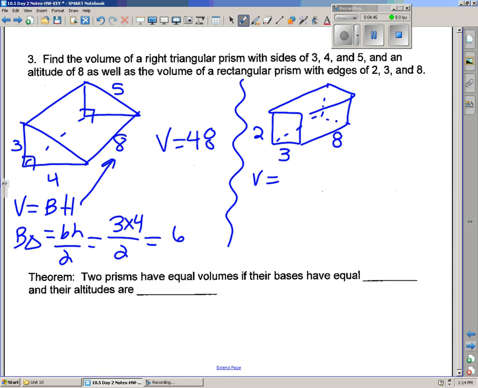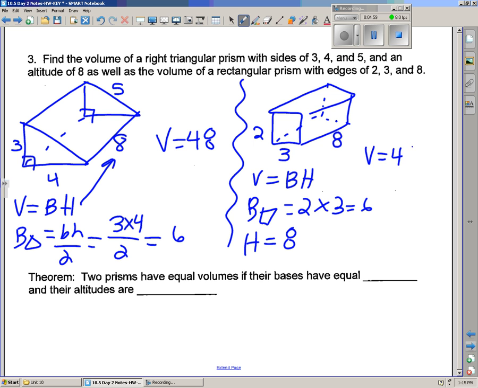Again, the volume equals the area of the base times the height. I'm going to call my base the 2 by 3, which equals 6. The height of my solid equals 8. So the volume equals 6 times 8, which is also 48. So it turns out that these prisms happen to have equal volumes. Two prisms have equal volumes if their bases have equal areas and their altitudes are equal.